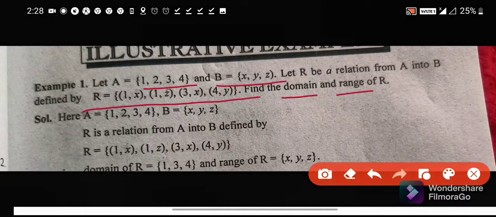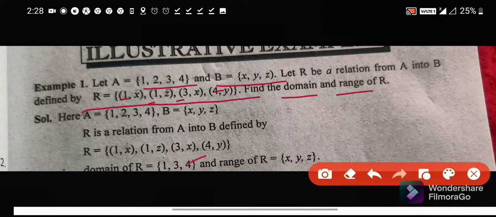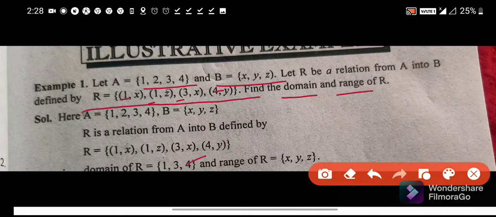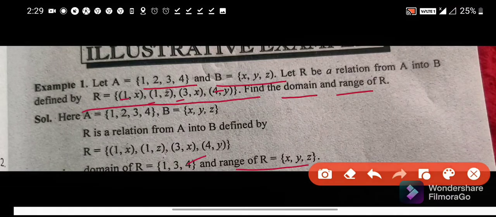Now the first coordinates are equal to the domain. So the domain is equal to {1, 3, 4}, and the second coordinates are equal to the range of the function. So the range is equal to the second coordinates, that is x, y and z.